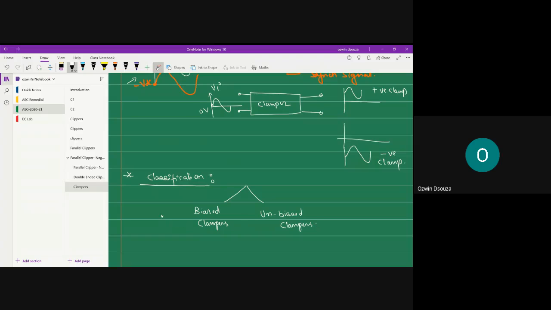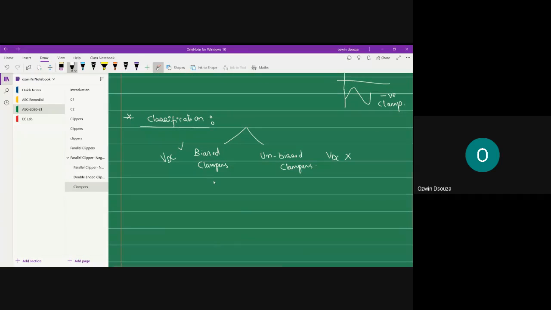In the case of biased clampers, VDC exists. In the case of unbiased clampers, VDC doesn't exist. In both biased and unbiased clampers, as I said previously, you can have a positive clamper or a negative clamper.